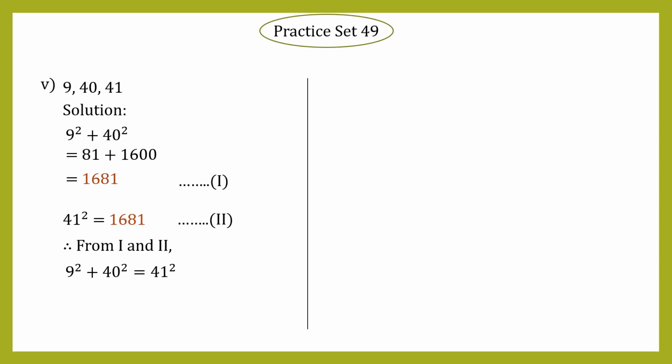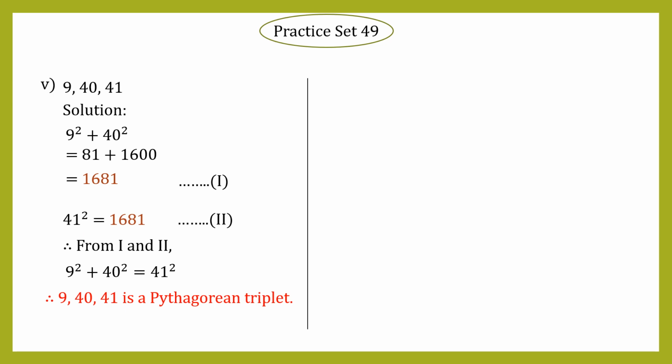Now, since 9 square plus 40 square is equal to 41 square, these numbers 9, 40, 41 satisfy Pythagoras theorem. So, 9, 40, 41 is a Pythagorean triplet.